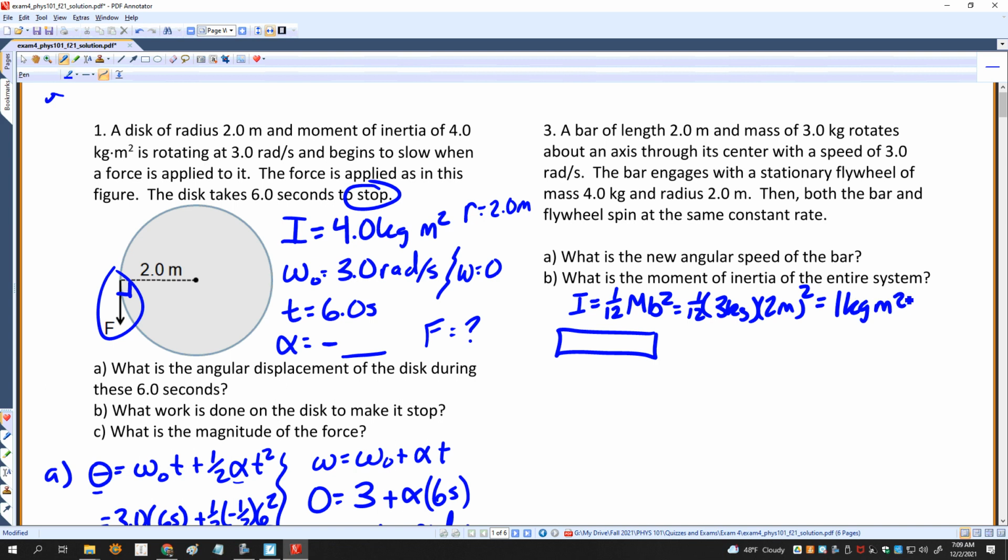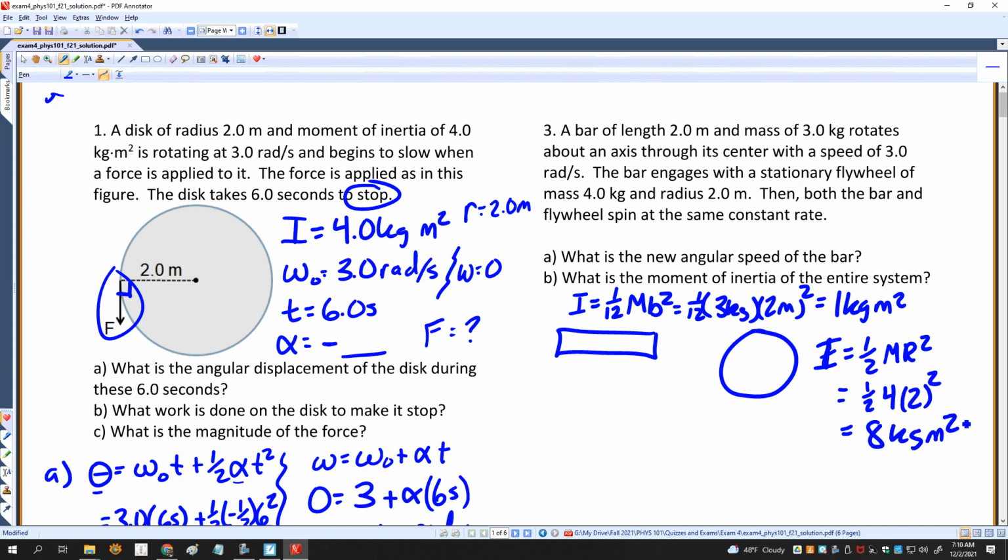And then I also have a flywheel. Flywheel is just a disc or a cylinder, so I will be 1/2 mr squared. These are both from your table. That's 1/2 of 4 times 2 squared. That's 2 times 4, 8 kilogram meters squared. So those are my 2 moments of inertia.